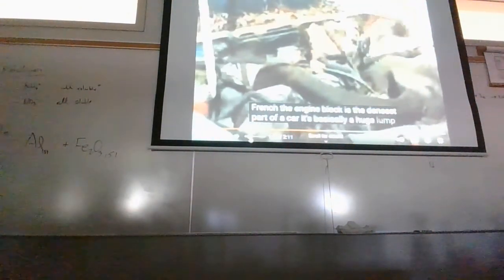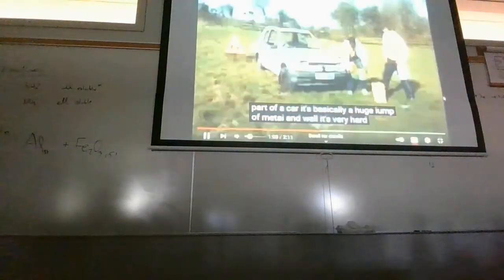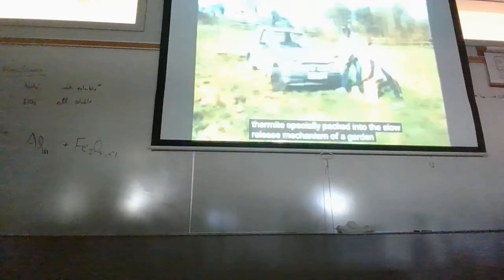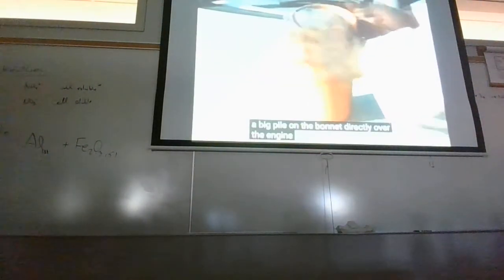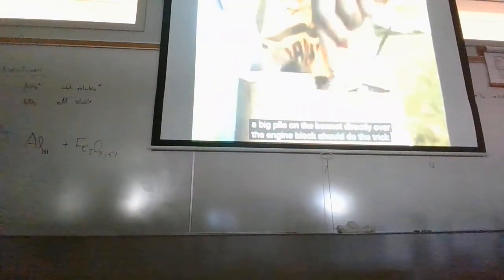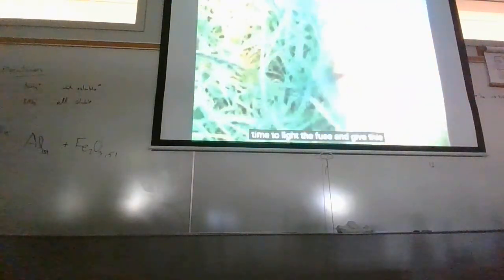It's basically a huge lump of metal, and it's very hard to melt. Lucky then, the brainiacs have plenty of thermite, especially packed into the slow-release mechanism of a garden flower pot. A big pile on the bonnet directly over the engine block should do the trick. Time to light the fuse and give this homage to French engineering the send-off it so richly deserves.